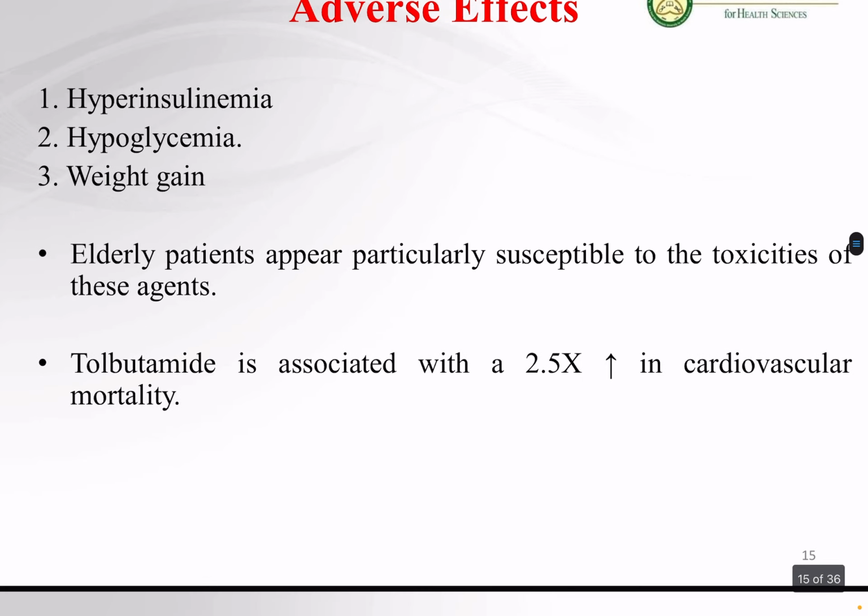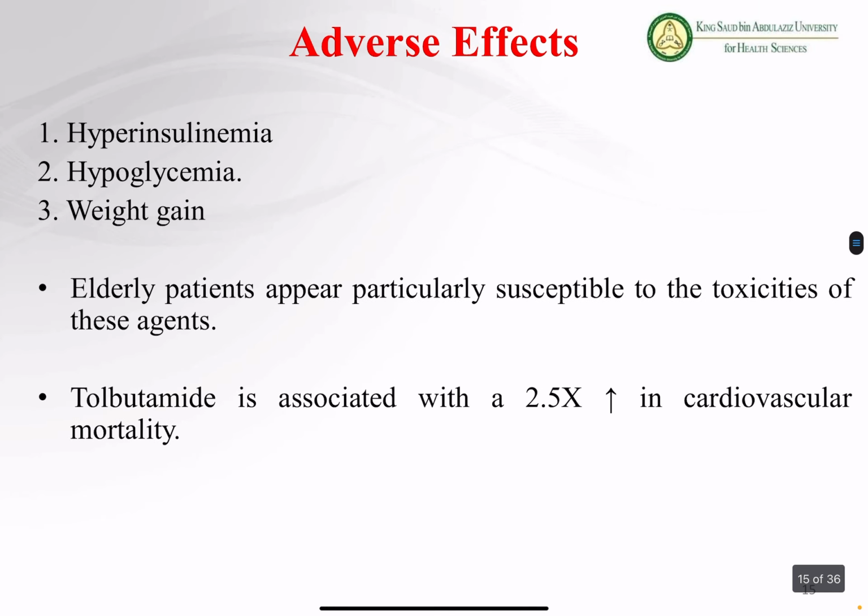Regarding the adverse effects of sulfonylurea, being secretagogue in nature, one of the main adverse effects is hypoglycemia. We may also have hyperinsulinemia because of the secretion of insulin, and weight gain.